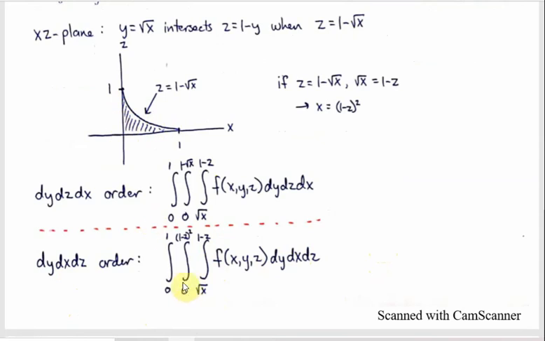The thing on the right is this line, but you want it solved for x, since these are the limits of integration with respect to x. So that's what this is for: x equals 1 minus z quantity squared is the upper limit of integration. And then the z values go from 0 to 1. All right, there's 4 of them, 2 left.